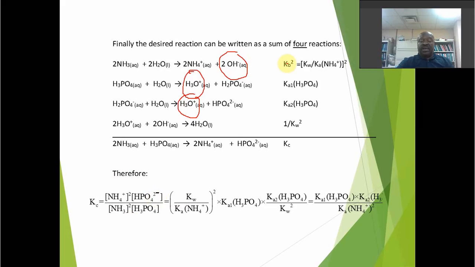I'll just multiply the entries on the right hand side, 1, 2, 3, 4, and whatever I get, put in the numbers, will be the equilibrium constants. Now, if I write them out and multiply them, the Kws always cancel. That gives you an indication that you're doing things correctly. So this says that this Kc, which is the reaction for the mother equation, is equal to Ka1 times Ka2 divided by Ka of NH4 plus squared.